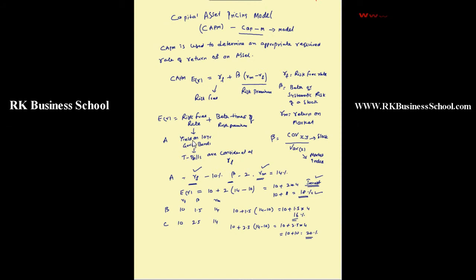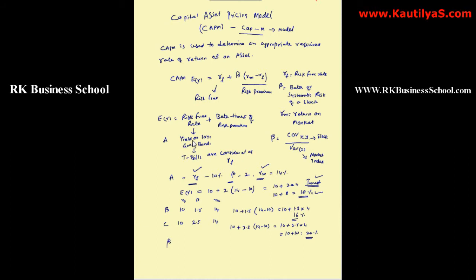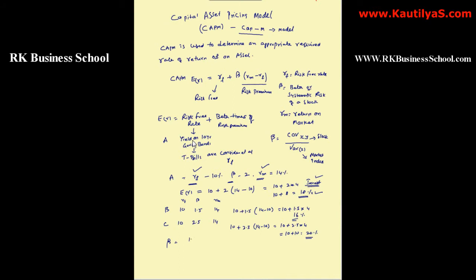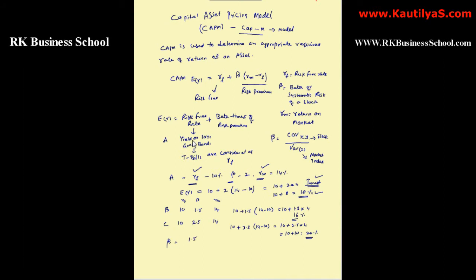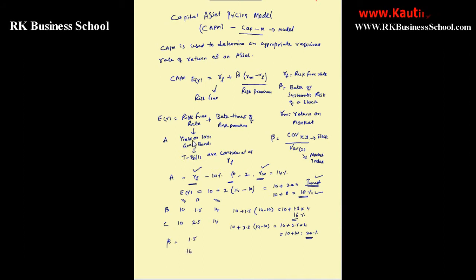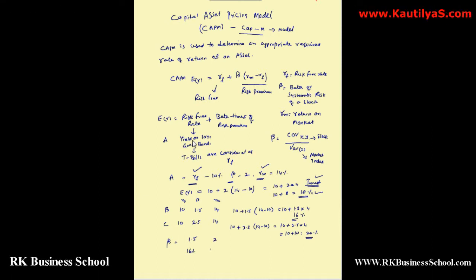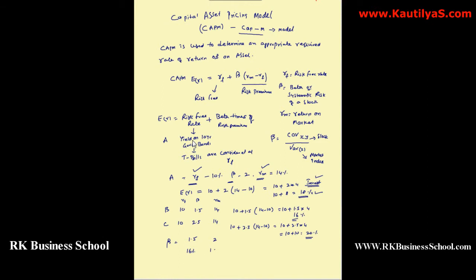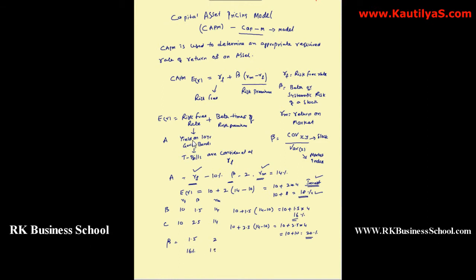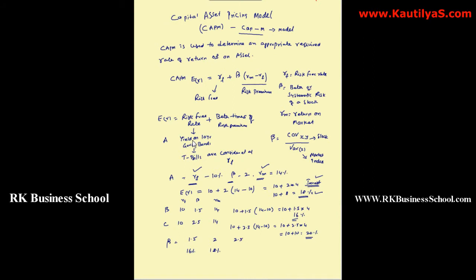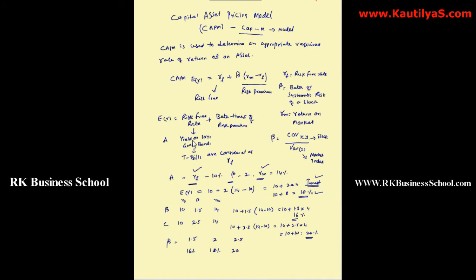So when beta is 1.5, expected return on a stock is 16%. When beta is 2, expected return is 18%. When beta is 2.5, expected return is 20%.